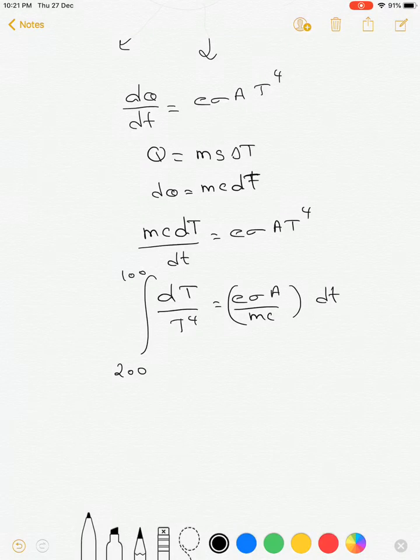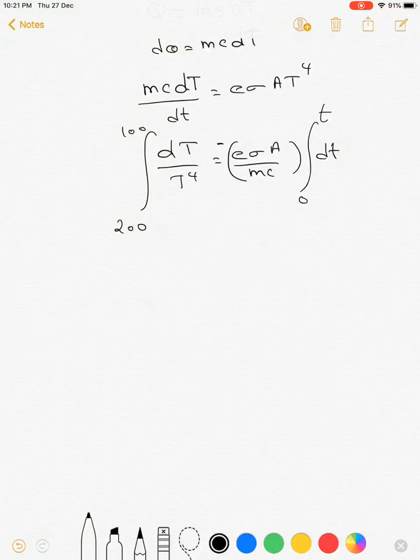Over here you can observe that with respect to time the temperature is decreasing, so dT should be negative, and we can put a negative sign here. We integrate on this side where time changes from 0 to t.